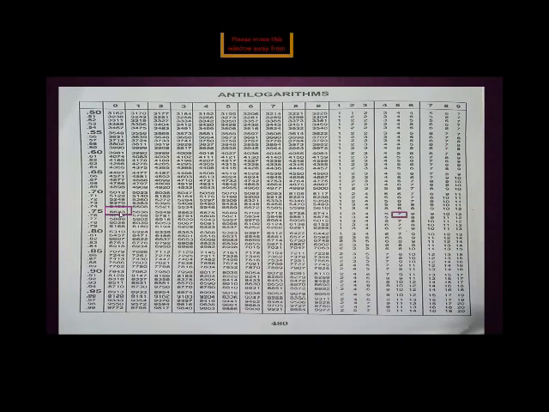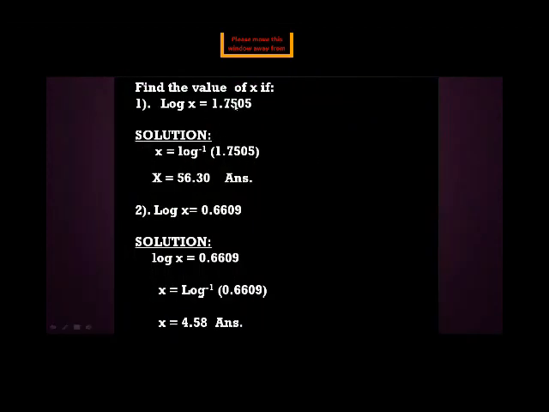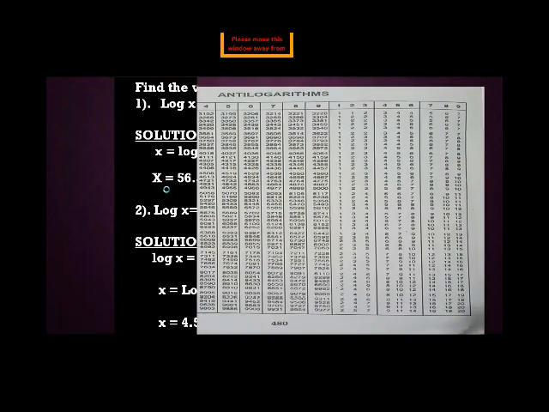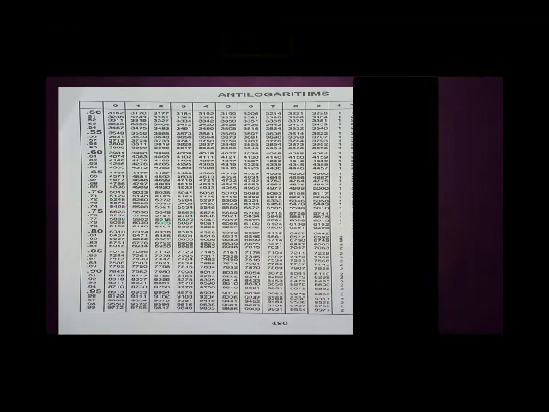0.750 gives 5623, and then the mean difference is 7. So add these two numbers to get the antilog.